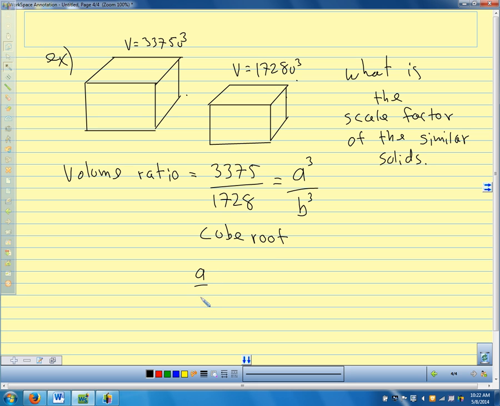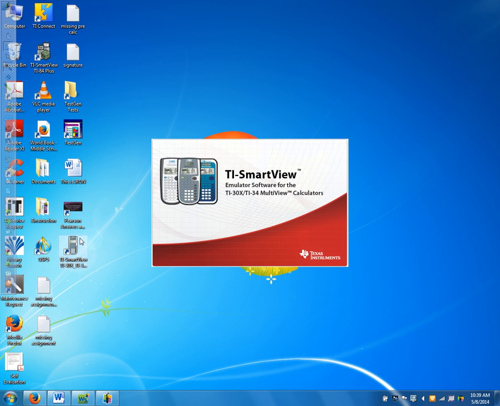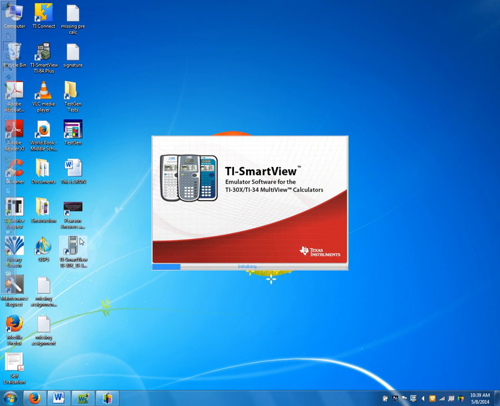So a over b, our scale factor, is the cube root of 3375 divided by the cube root of 1728. And let's remember how to do that on our calculator. Just as a reminder how to calculate cube roots. If you need help making sure you know how to do this on your calculator, just let me know and I can help you out.